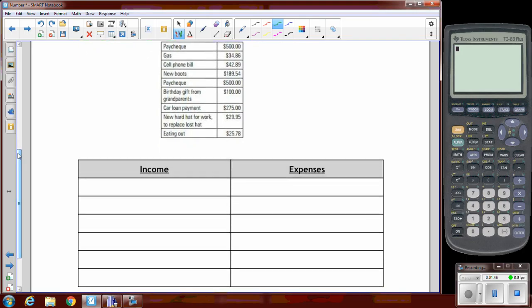So the first one, paycheck. That's definitely income. That's money that comes in. So we got this. Your gas bill, that's going to go as an expense. That's something you have to pay. Cell phone, that's an expense.